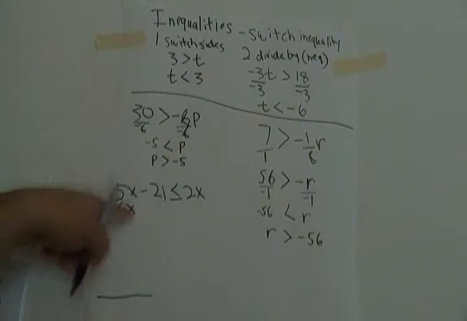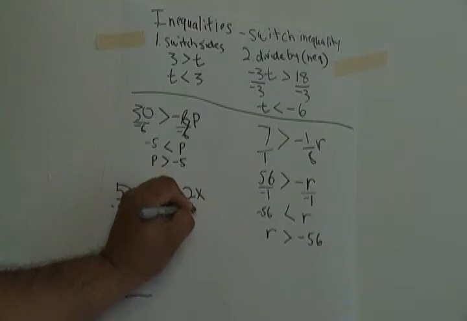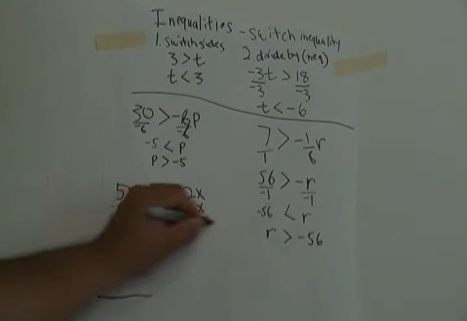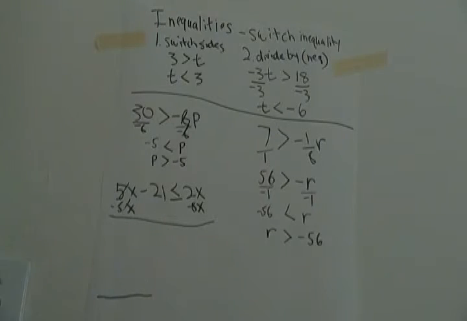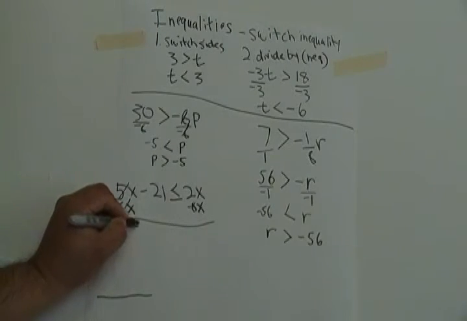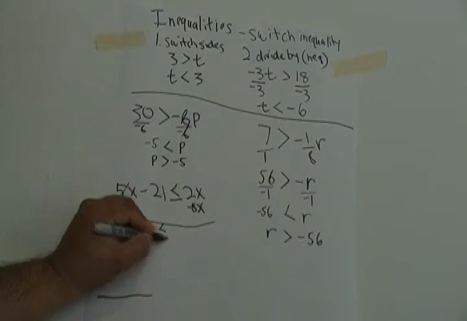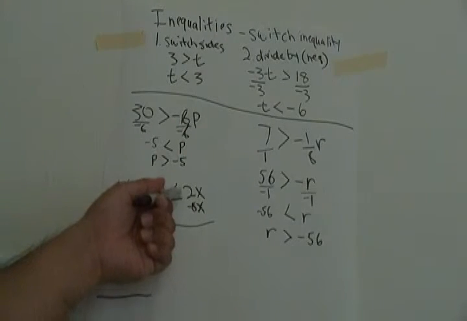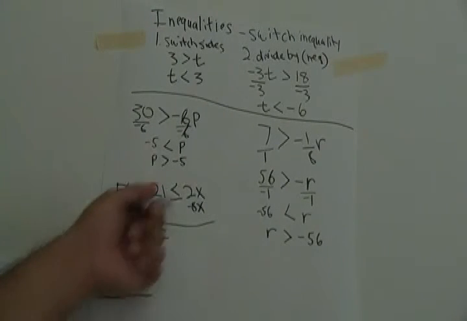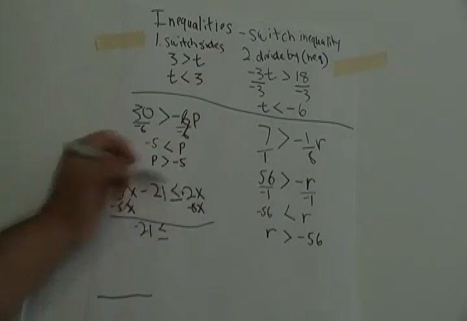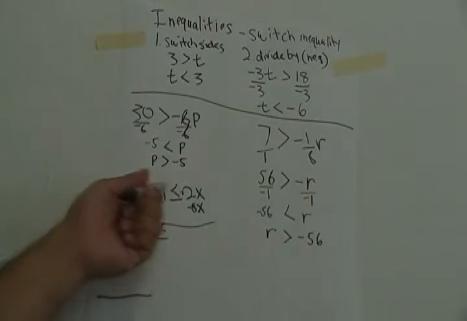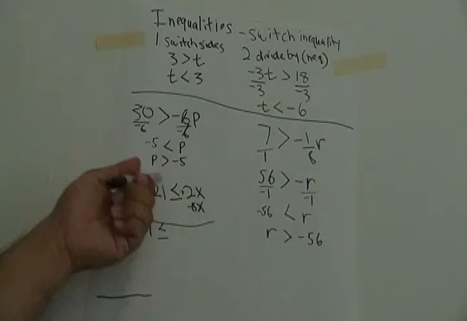These cancel, and we have negative 21 less than or equal to, what's 2x minus 5x? Well, that's negative 3x. Just regular integer math.